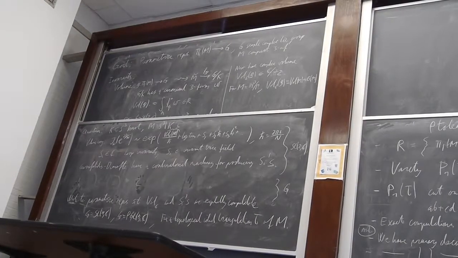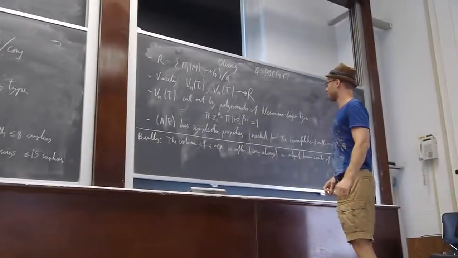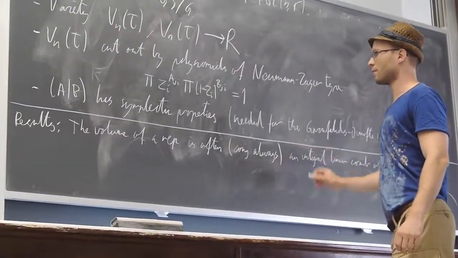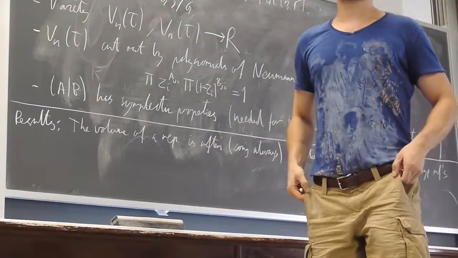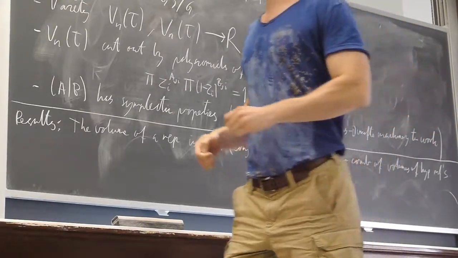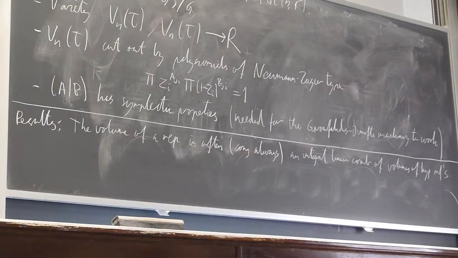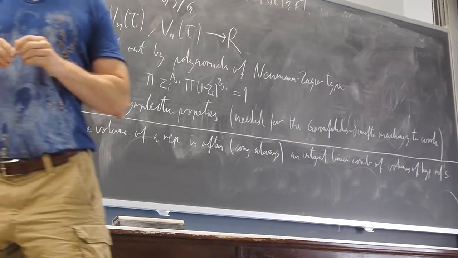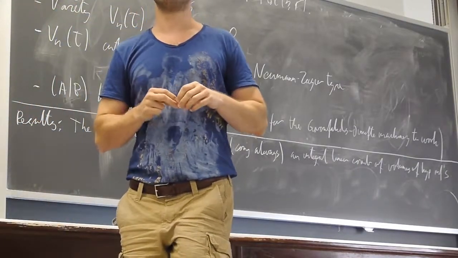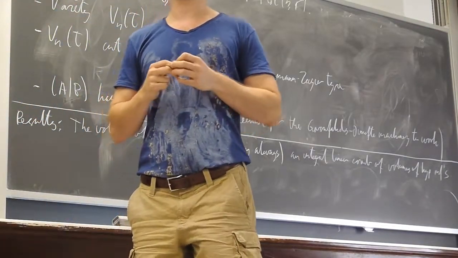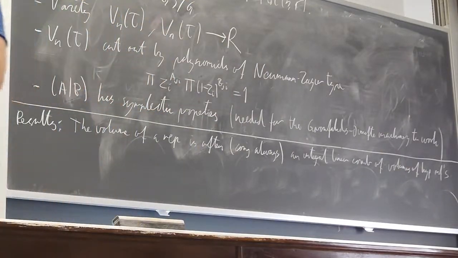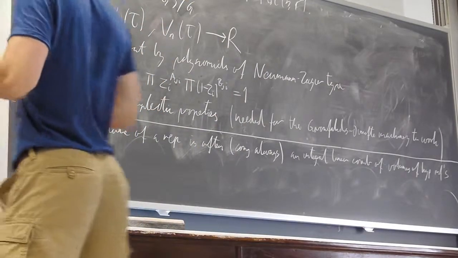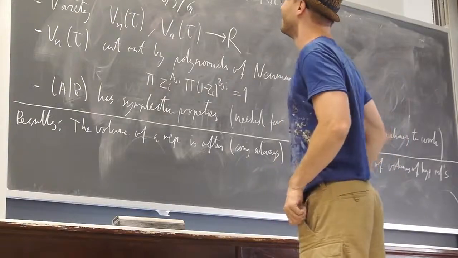I'm sorry, that sentence confuses me. Aren't there uncountably many representations? Well, it's true that there can be higher dimensional components, but the volume is constant on components. For unipotent. Yes, unipotent ones. Okay, yes, that's right.